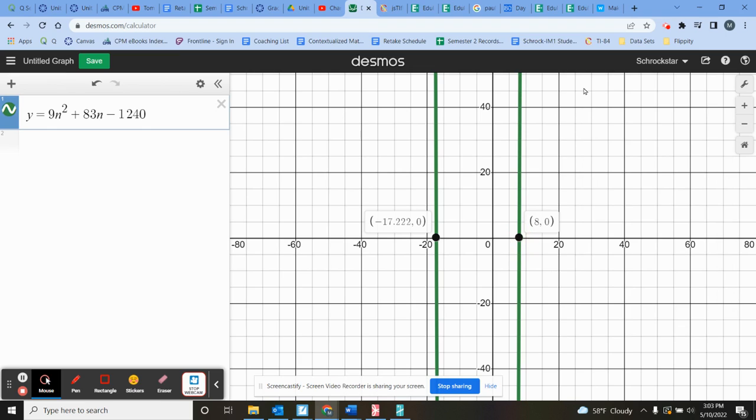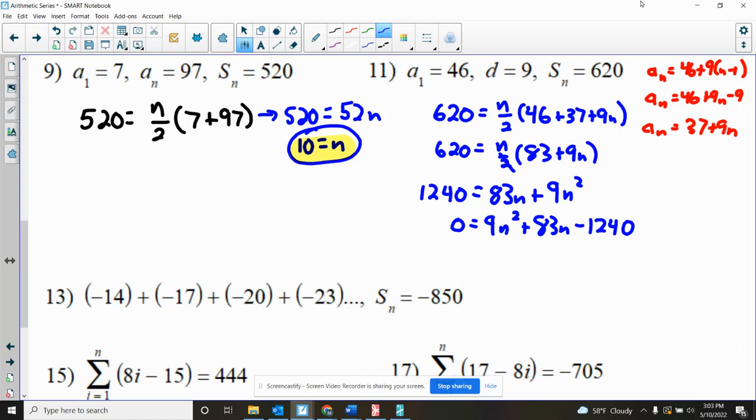There's one and there's one. Here's where context matters. What we're interested in is a number of terms. That means it's going to be a positive whole number. So this doesn't mean anything. This is where it's at. My solution this time is that n has to be 8.